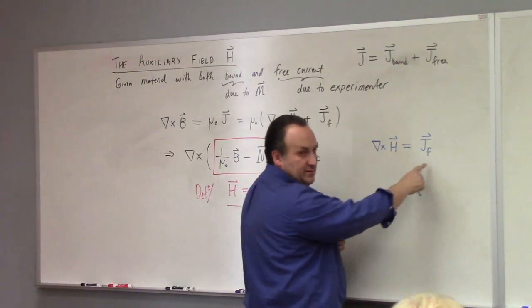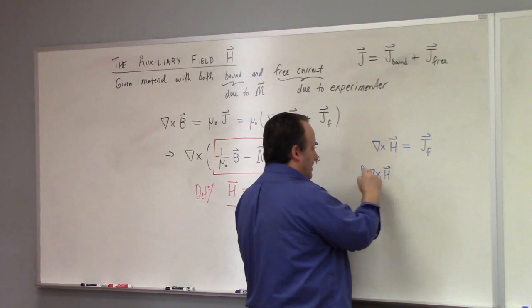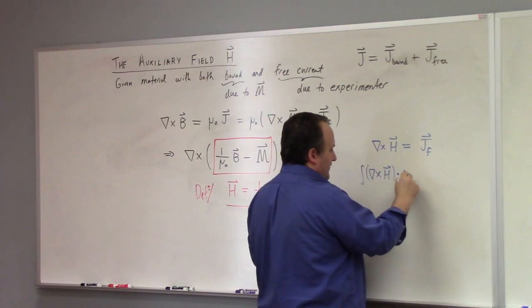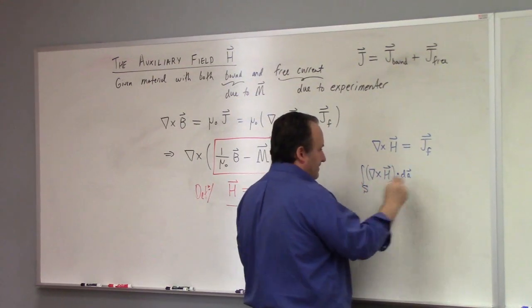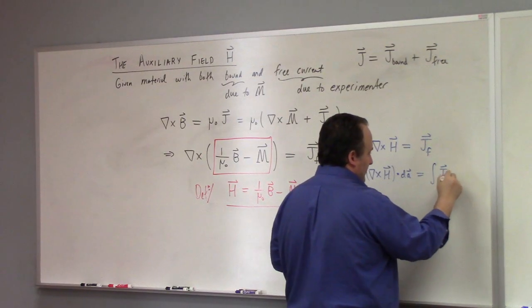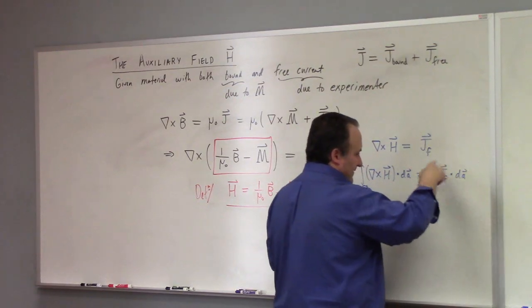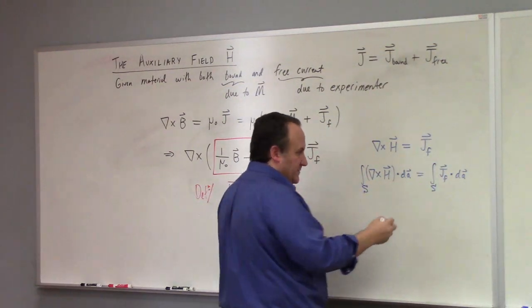So if this is true, if we integrate this over some surface, then what would be the integral of the free current density over the surface? Well, this is the current enclosed, right?